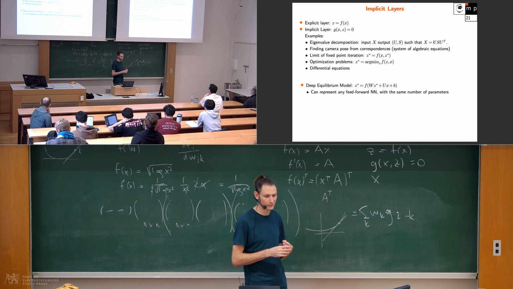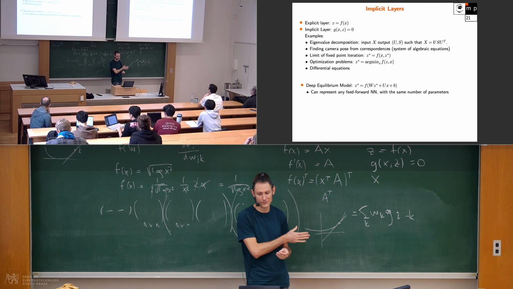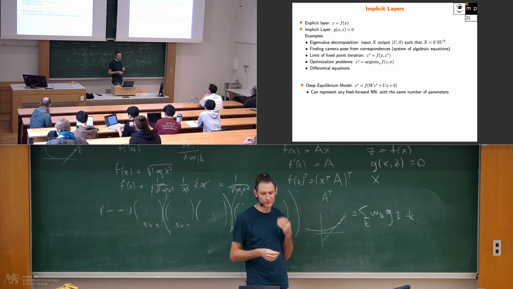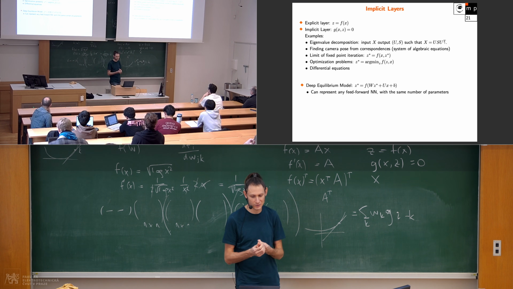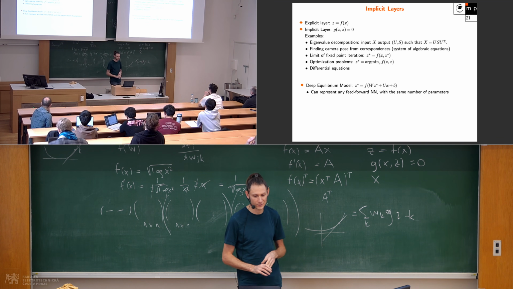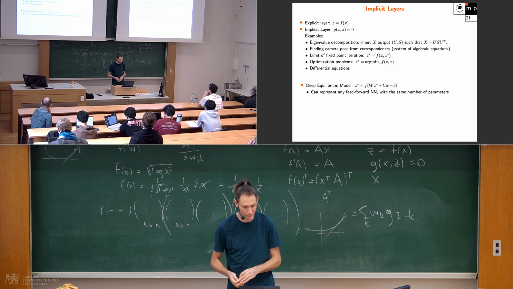Maybe if each step of this algorithm is differentiable, you can backpropagate through the algorithm. But we will discuss that this is not going to be necessary. You see that it is in this form, some equation on the inputs and on the outputs, and as long as you have a procedure for solving this equation, this is more or less everything that we need to also be able to find the derivatives.